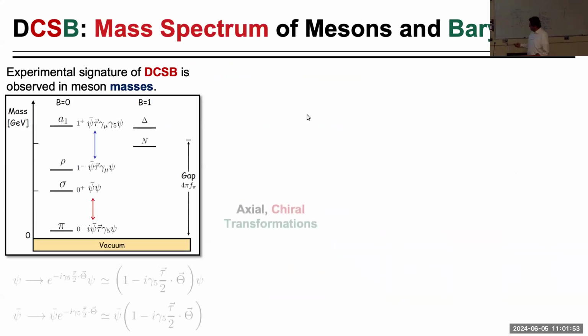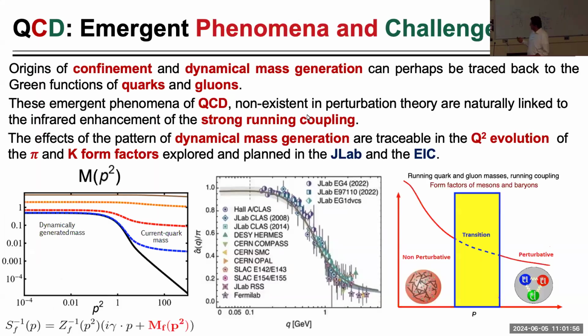So the effects of this mass generation mechanism, which I have shown here, there is one curve which is also shown in black, which tells us that if we had started with a Lagrangian which has quarks with zero mass, even then, if you study it non-perturbatively, due to the large coupling involved here, QCD generates its own scale in some manner, and even if there was no initial generation of mass due to the Higgs mechanism, there will be a large mass generation for these quarks in the chiral limit.